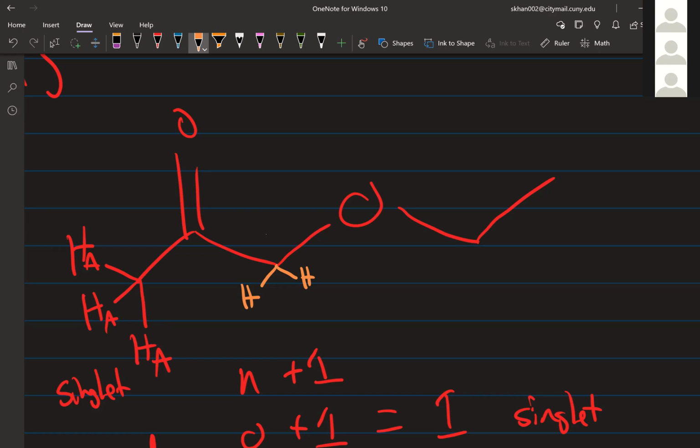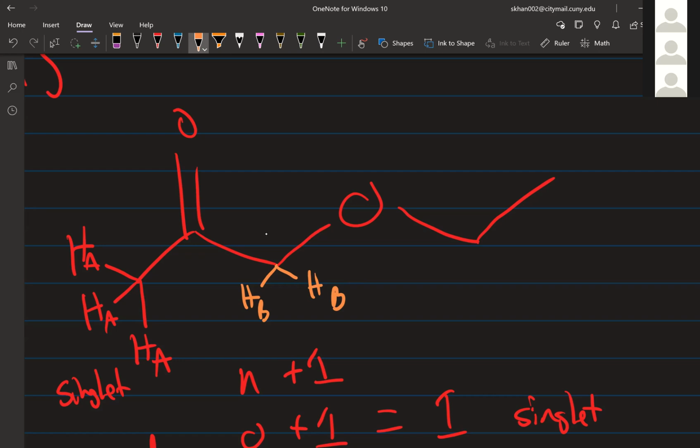Are we sure? Is there any other chiral centers here? Yeah, there's no other chiral centers. If we did a replacement test, all we get is a pair of enantiomers. And what did I say earlier? Are enantiotopic protons chemically equivalent or chemically unequivalent? Equivalent, right?